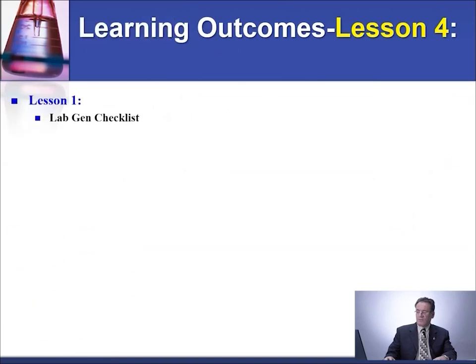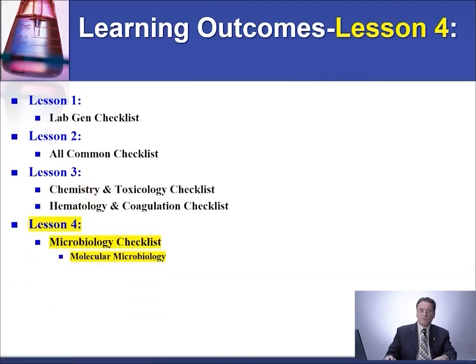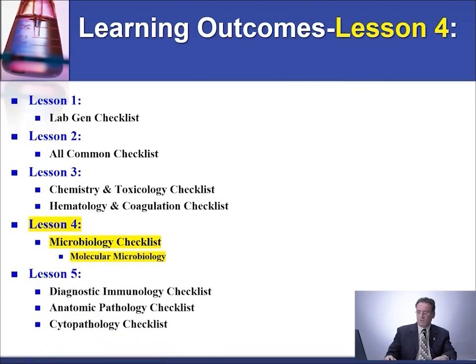In lesson 1, lesson 2, and lesson 3, I showed you how to be CAB ready every day in your laboratory for the LabGen checklist, the all common checklist, and in the chemistry and hematology checklist. In lesson 4, today's lesson, I'm going to show you how to be CAB ready in the microbiology checklist, including the molecular microbiology section if you have one. In lesson 5, I'm going to show you how to be CAB ready in immunology, histology, and cytology sections.